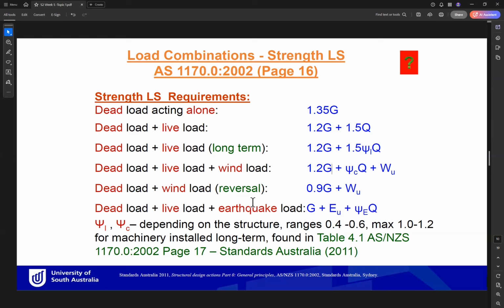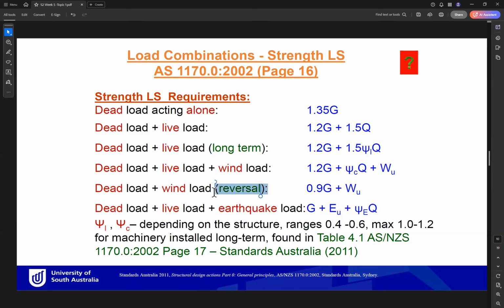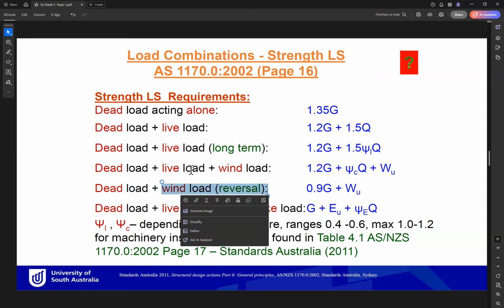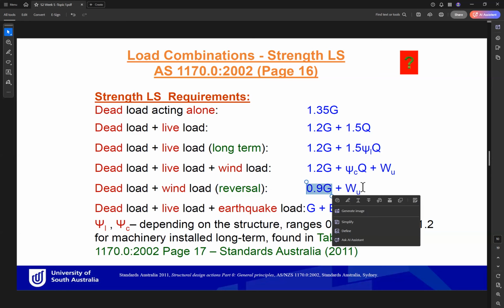So we have another direction of the wind load, which is reversal. The first one is the normal wind downward. The next one is the wind load reversal, meaning the wind load acting upward. If the wind load is acting upward, we have 0.9 G plus Wu.